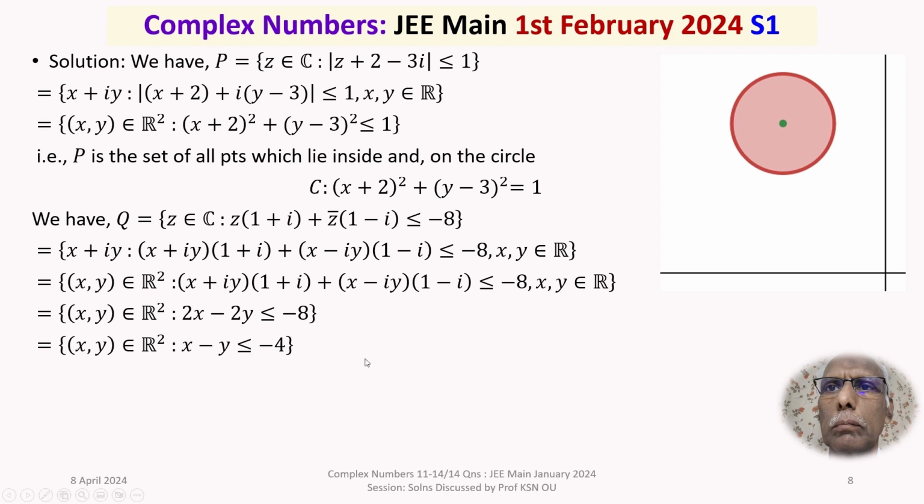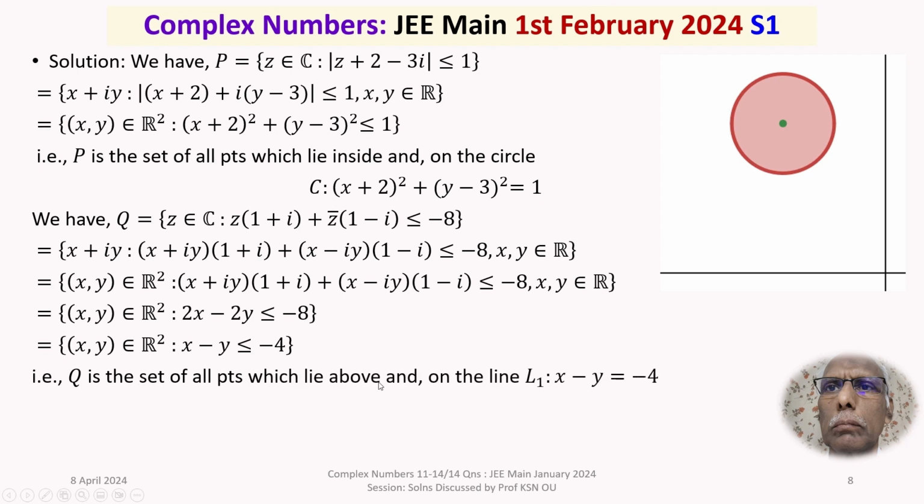So Q is the set of all points which lie above and on the line, let's call that line L1, x minus y equal to minus 4.